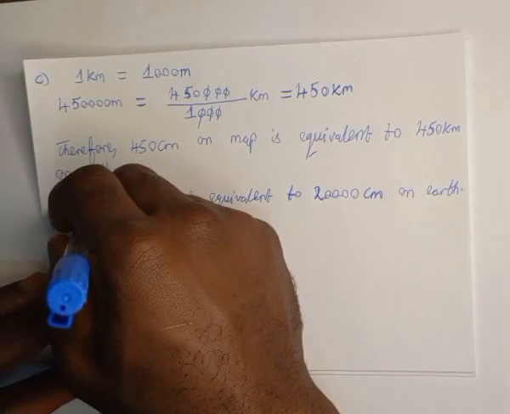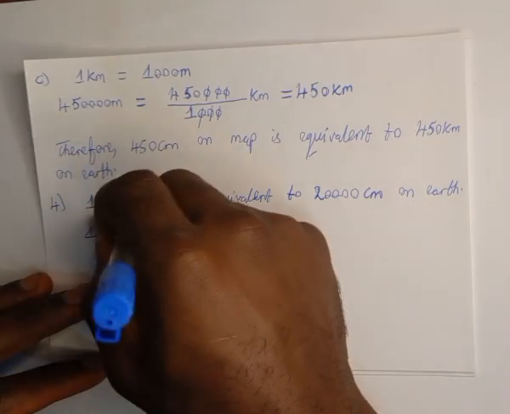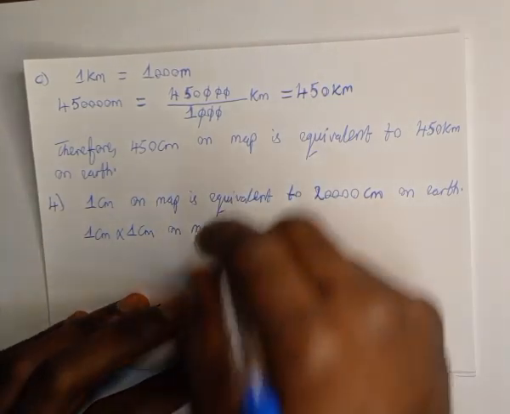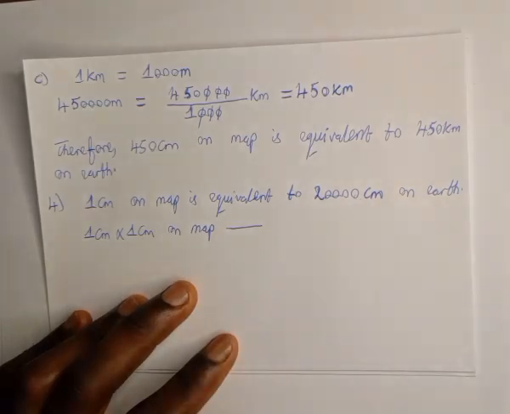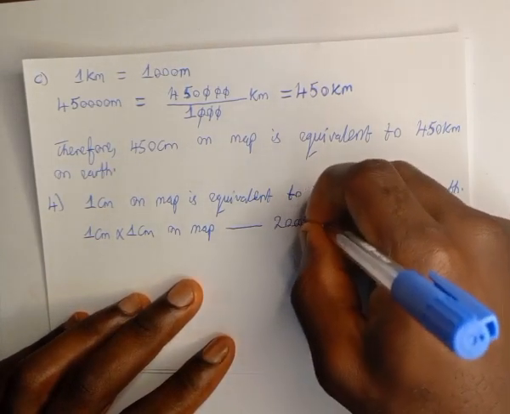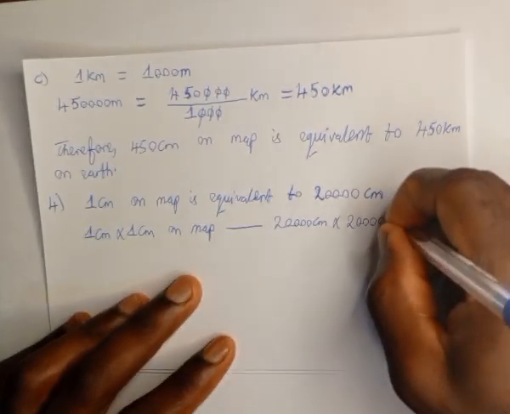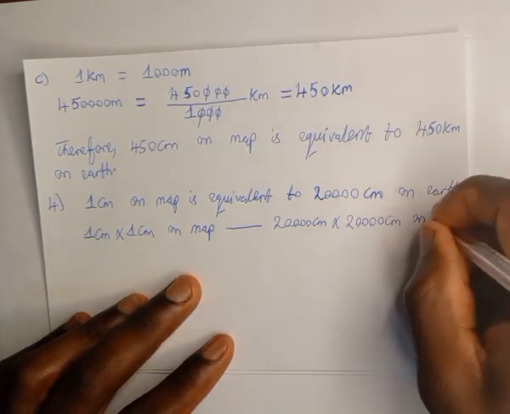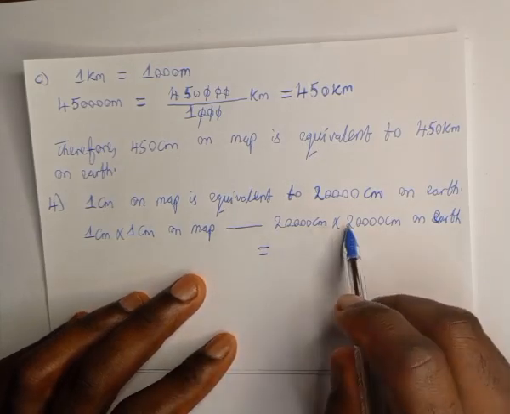Now if we take for the area, 1 centimeter times 1 centimeter on map, it has to be equivalent to, we know 1 centimeter is equivalent to 20,000 centimeters. So this will be equivalent to 20,000 centimeters times 20,000 centimeters on Earth, which will simply be equal to 20,000 times 20,000.